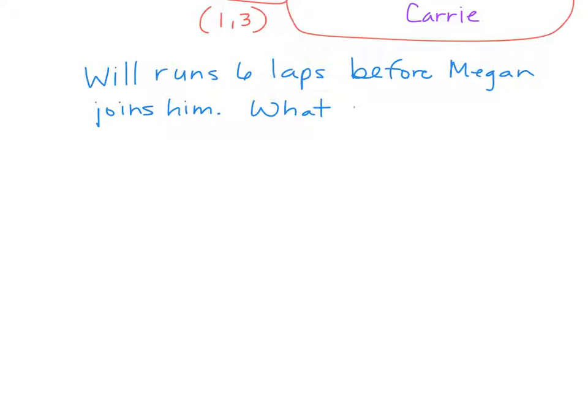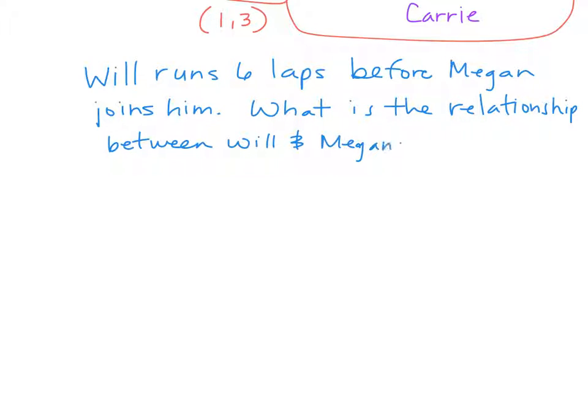The question is, what is the relationship between Will and Megan's laps? Okay, so same thing. I want an equation, a chart, and a graph.